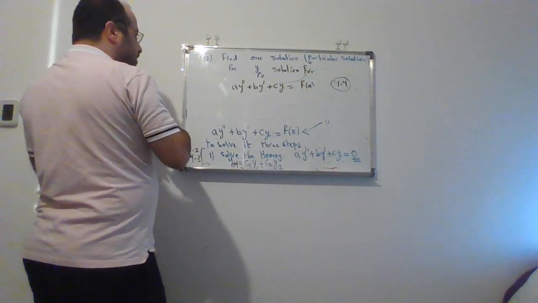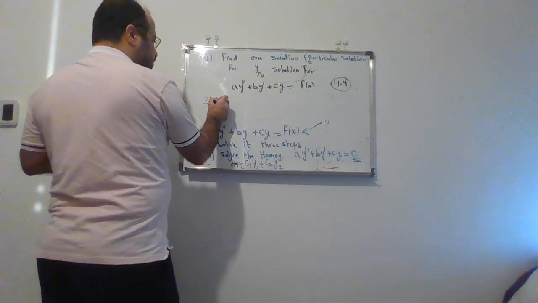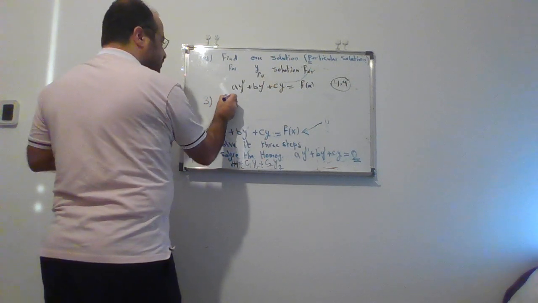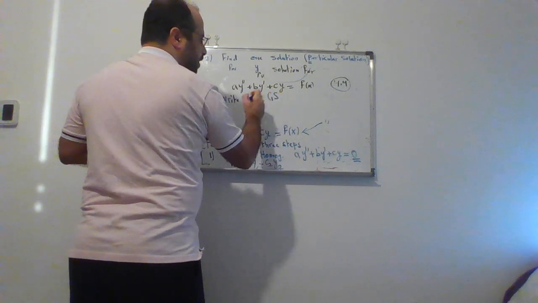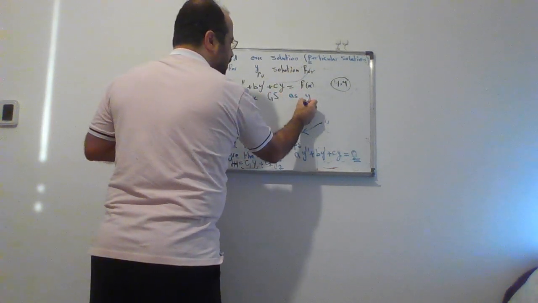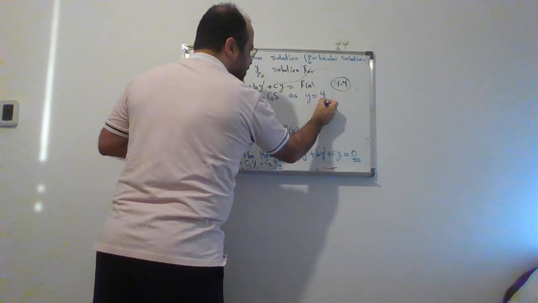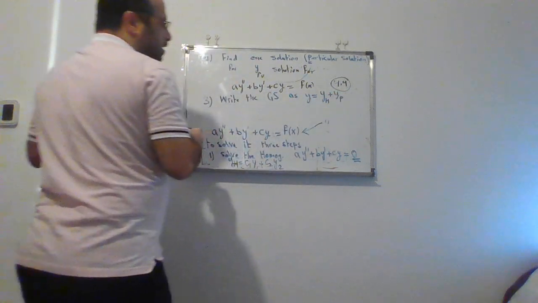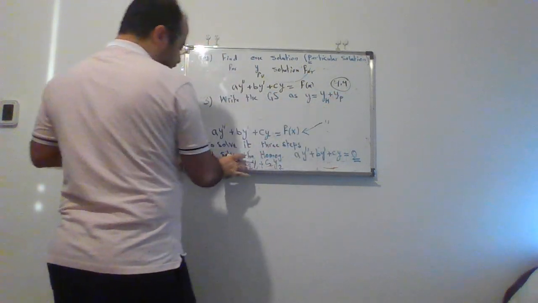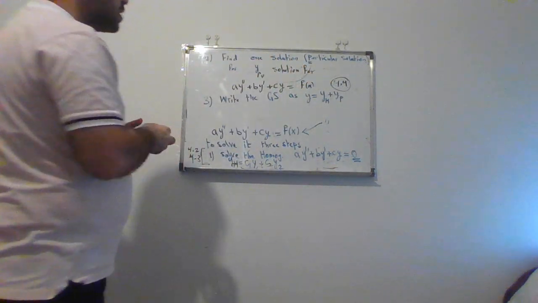And step number 3, write the general solution as y equal to y homogeneous plus y particular. The homogeneous is the solution from step number 1, and y particular is the solution from step number 2.